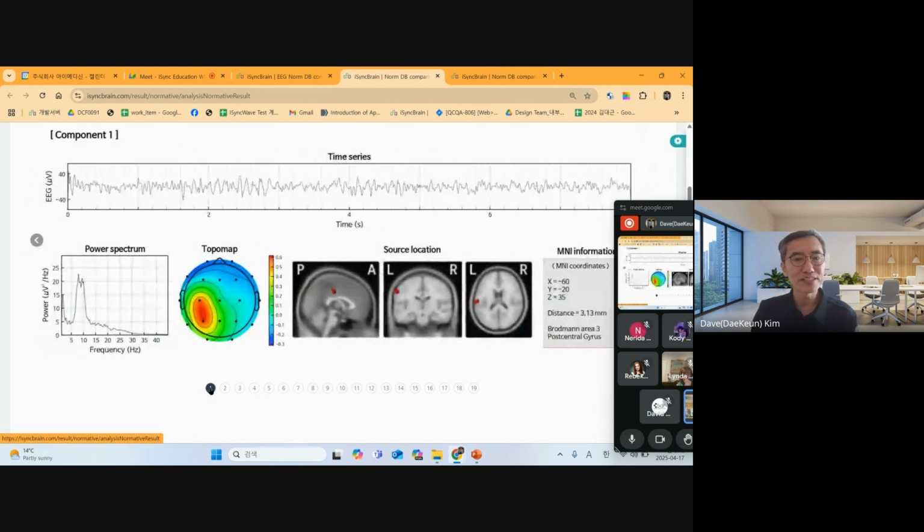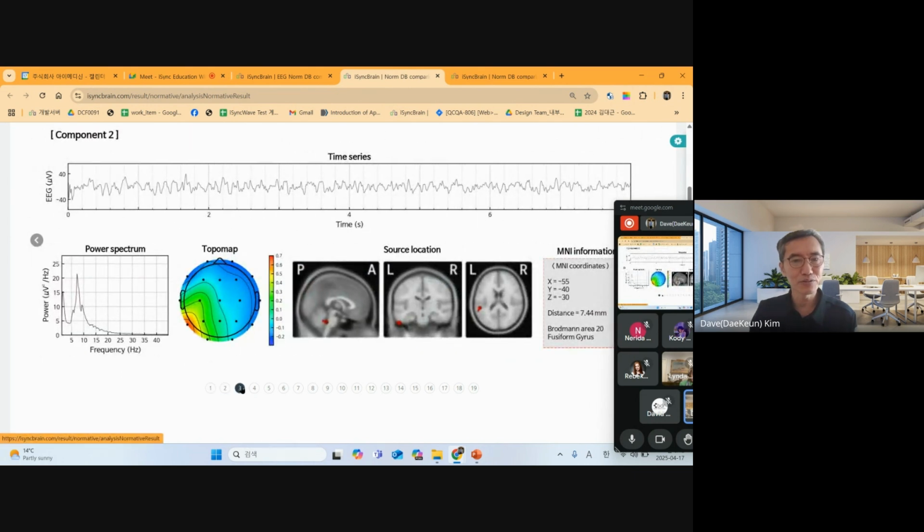So we can easily find the abnormal component. This component is abnormal because of the slow edge of alpha, and another alpha peak outside this visual area. PZ, O1, O2 is the problem.